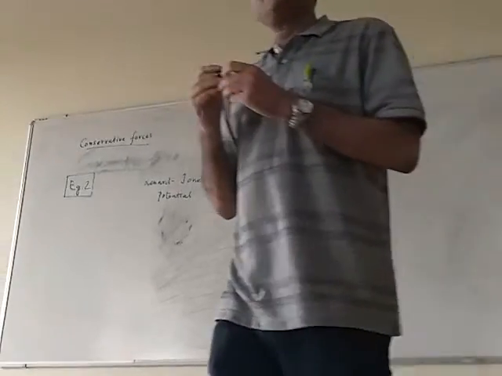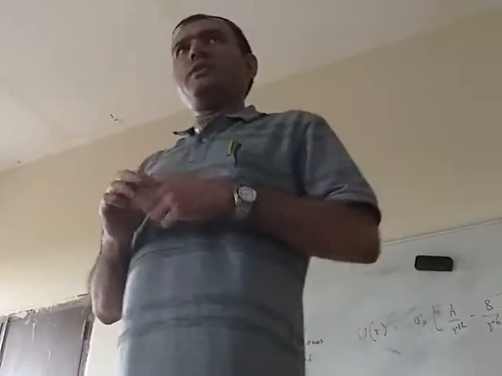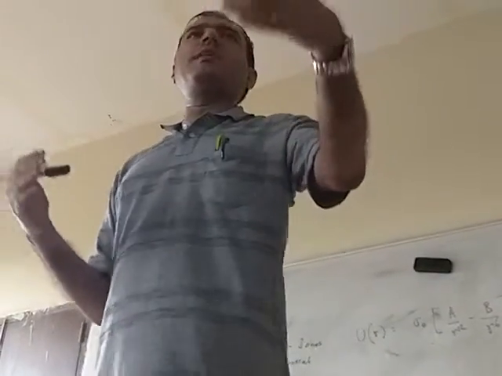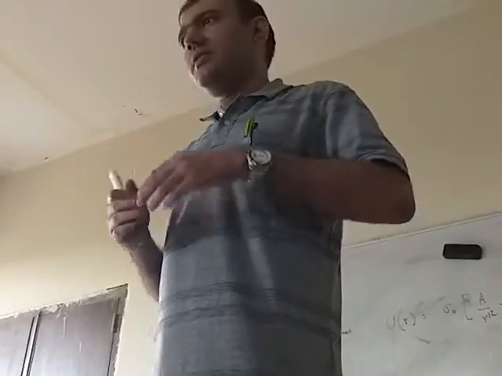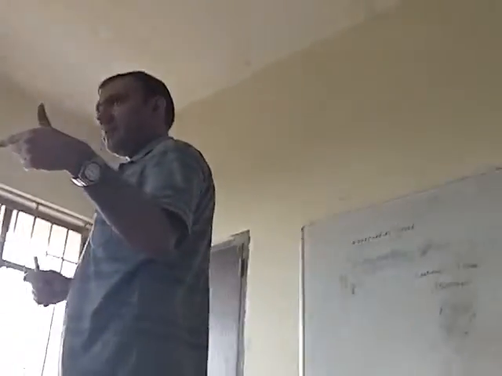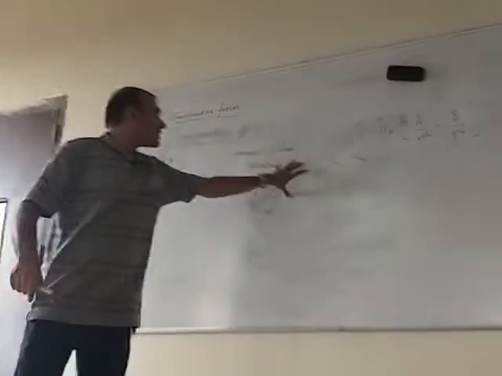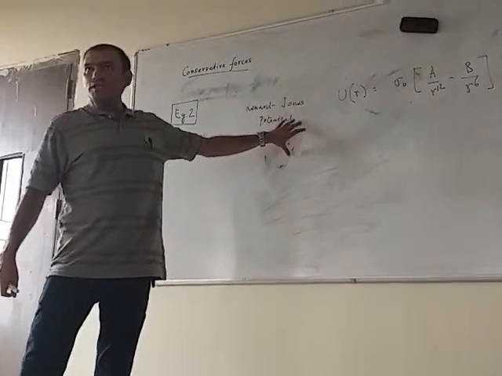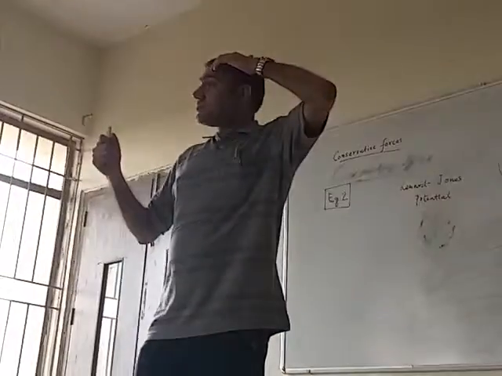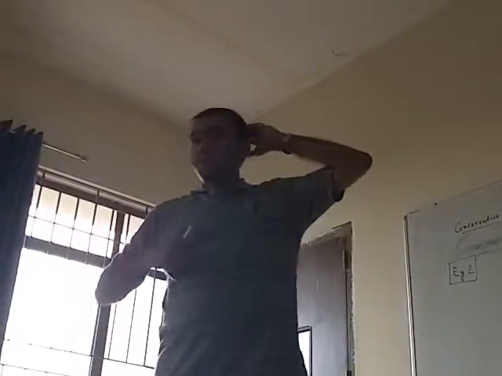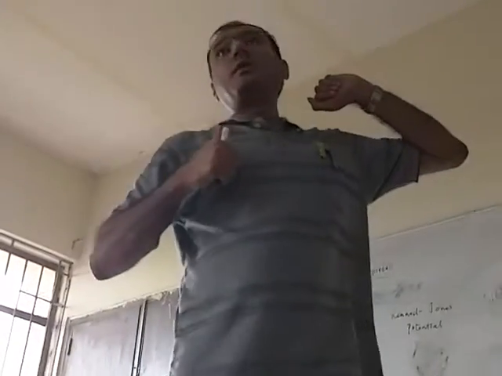So you have seen several kinds of potential energies maybe. If not several kinds, at least the electrostatic and the gravitational, which goes as 1 over r. This kind of potential, called the Lennard-Jones potential, typically appears in interatomic potentials.